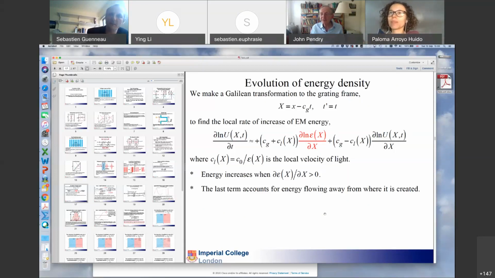What happens to the effective medium as you change the phase of modulation of epsilon and mu? What happens to the effective medium? Yes, outside the luminal range. So, yes, the sign of the bianisotropy changes.